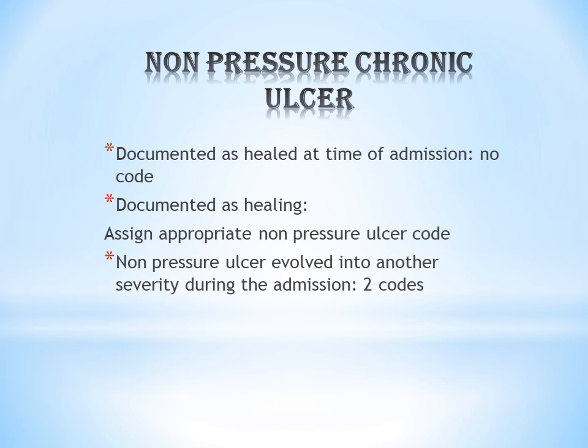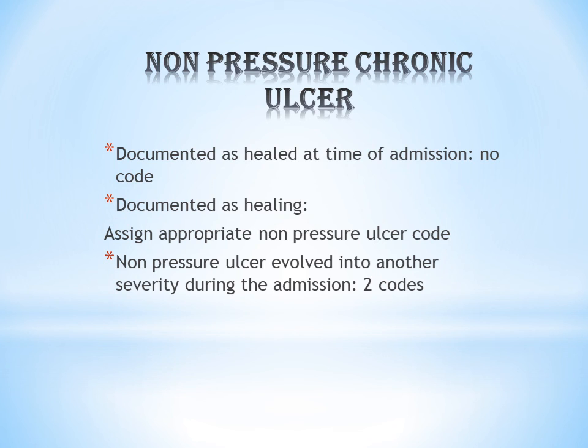Then next one is non-pressure chronic ulcer. The guidelines for pressure ulcer and non-pressure chronic ulcer are the same. So the first point, documented as healed at the time of admission, no code. Same as what we saw in pressure ulcer. If at the time of admission it is a healed ulcer, you need not code for that.